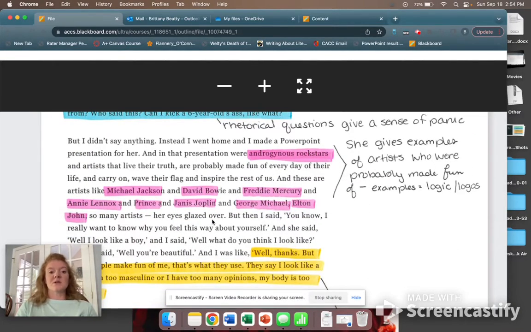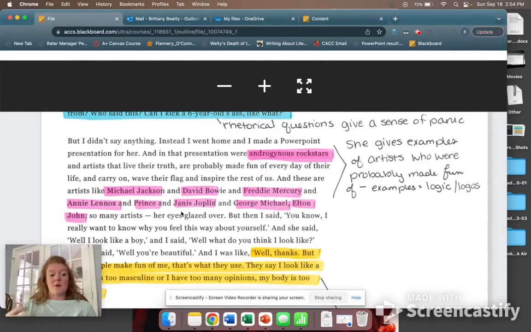Remember, an appeal to logic is when your speaker is using examples to sway the audience. So in this section of the speech, she uses the names of androgynous rock stars: Michael Jackson, David Bowie, Freddie Mercury, Annie Lennox, Prince. She name drops all of these people.